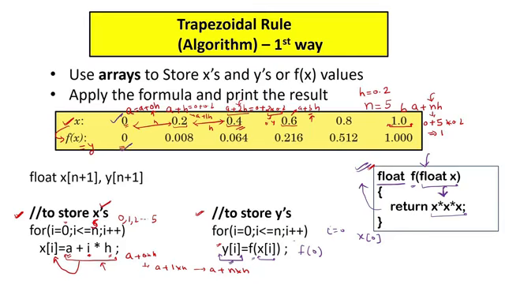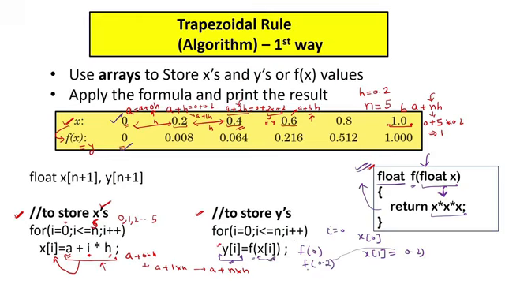Next iteration, i equal to 1, this will be your x, and then this x of i, that is x of 1. So what is the value of x of 1? x of 1 is 0.2. So essentially 0.2 will be passed to this function.